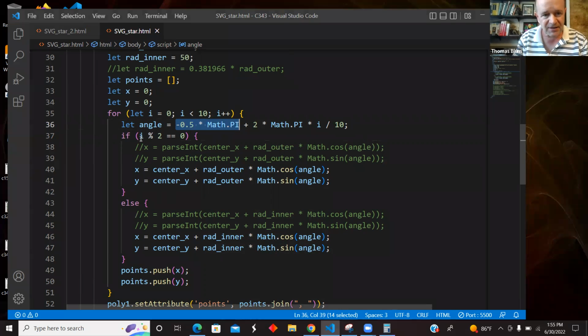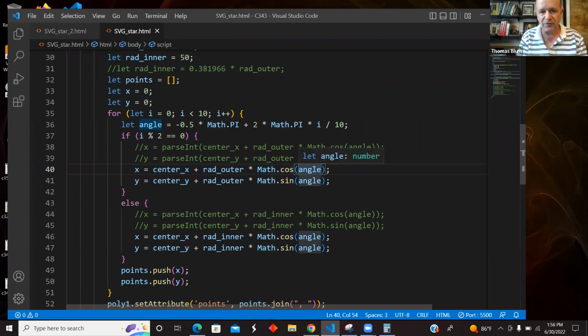Then I divide the counter i by 2, take the remainder, the modulus, and ask whether that's 0 or not. So is it an even or an odd number? If it is an even number, I'm working with the outer radius. If it's an odd number, I'm working with the inner radius. I'm multiplying the radius by, using the Math library, the cosine of the angle.